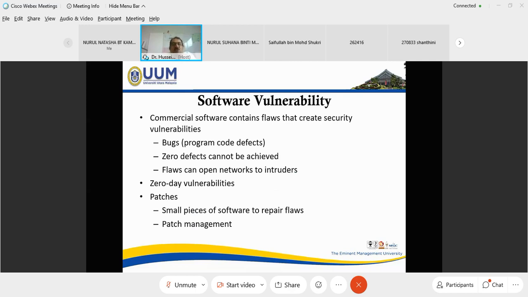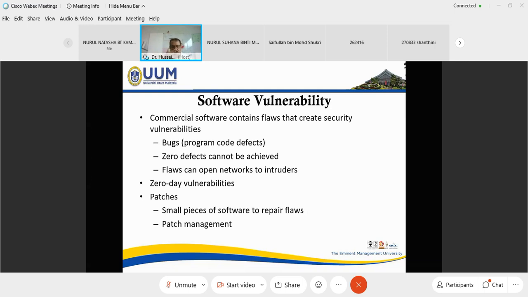Software vulnerability is also there. Why? Because the commercial software that we buy contains flaws that create security vulnerabilities. We call those bugs, program code defects. When we have coding, among the coding there's some space, and the bugs come there.